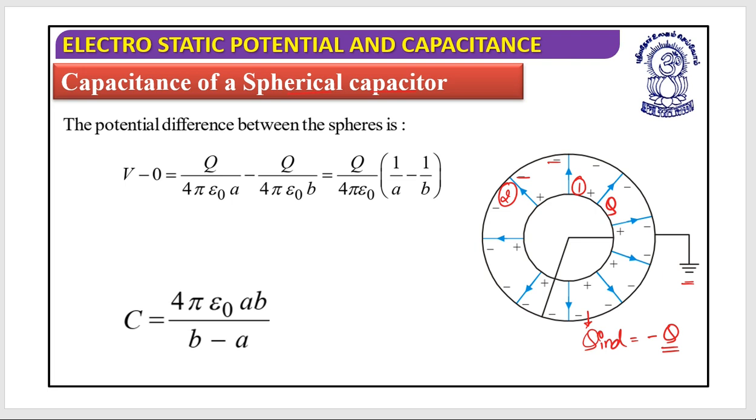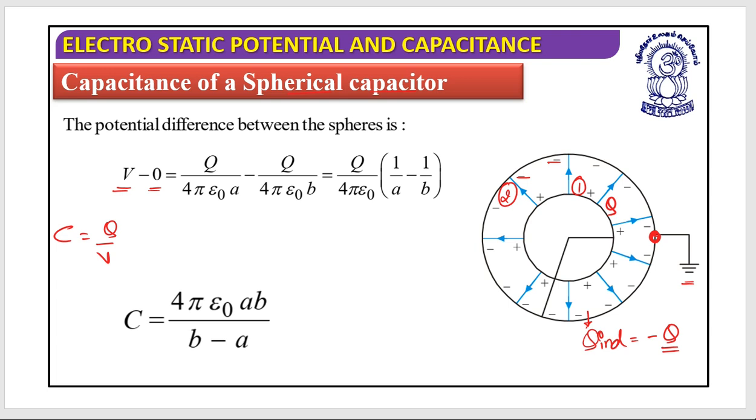What was the idea? The idea behind this is C equals Q by V. As this is grounded, let's write down the potential. So I have written this as V minus 0, because when any surface is connected with the ground, its potential would be 0.